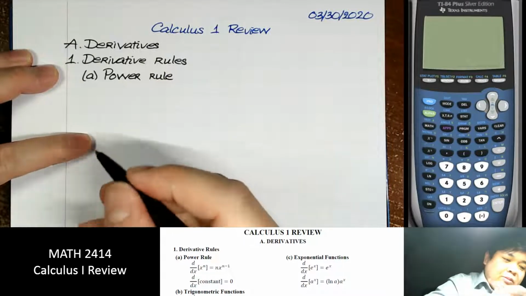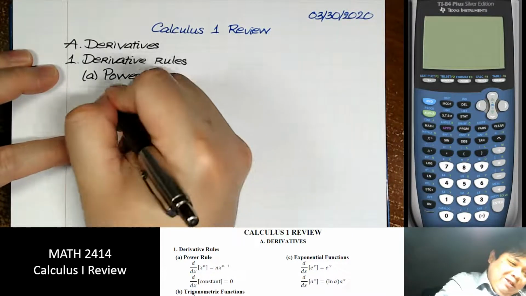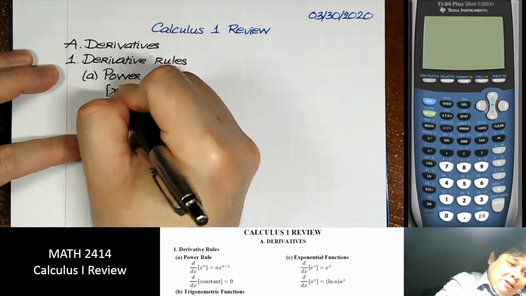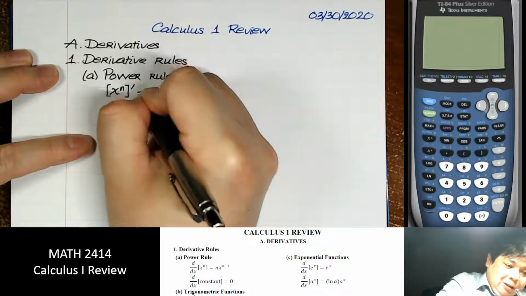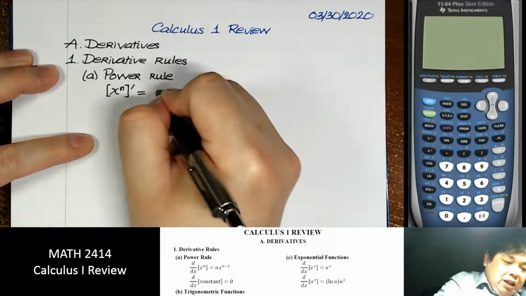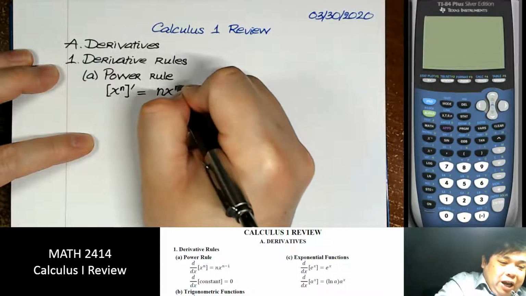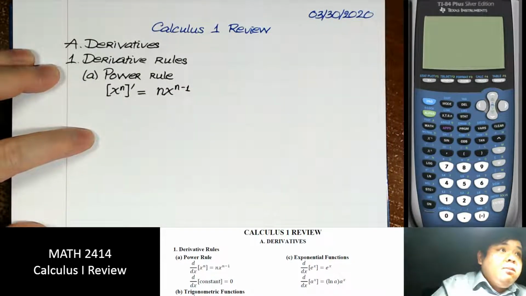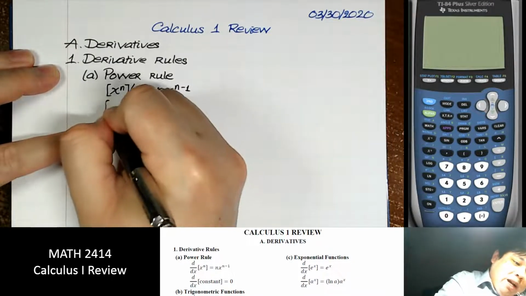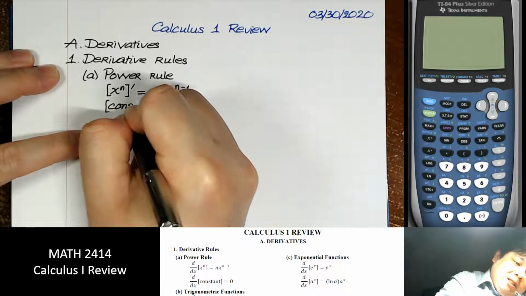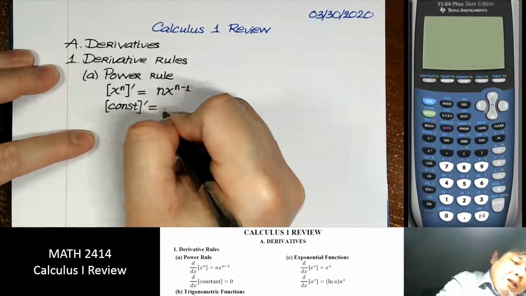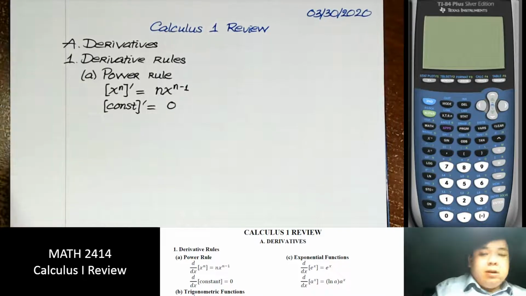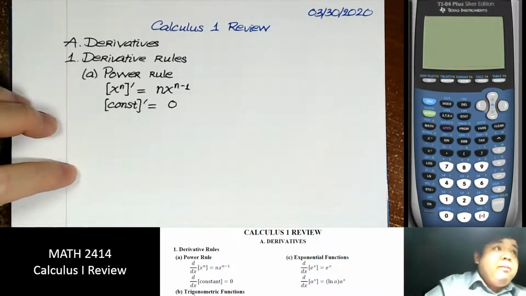Power rule: the derivative of x to the n is n times x to the n minus 1 power, and the derivative of any constant is 0.